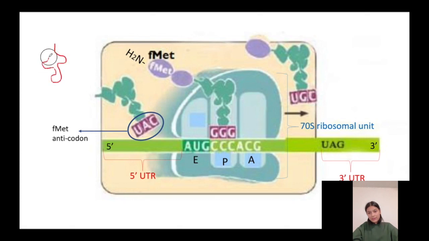So please don't ever hold me accountable for this drawing, but we have a 3' end that's going to be right here. This is where we have our anticodon sequence, and this is where we have our 5' end. So because this is what our tRNA looks like, from this figure, this is where we will identify our 3' end.